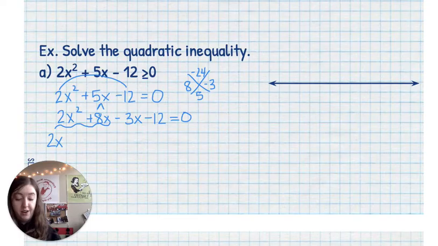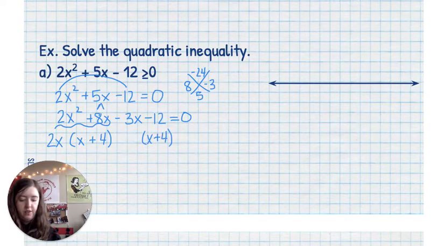When I factor it out, I'm going to divide. 2x squared divided by 2x is x, plus 8x divided by 2x is 4. Now we know we want to end up with an x plus 4 over here. So what do I need to factor out of negative 3x minus 12 to get x plus 4? Need to factor out a negative 3, right?